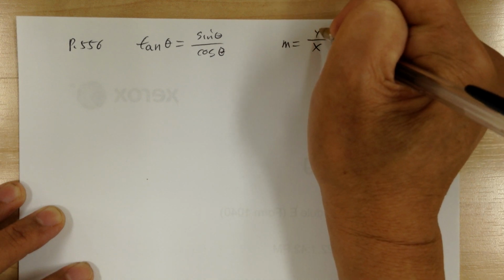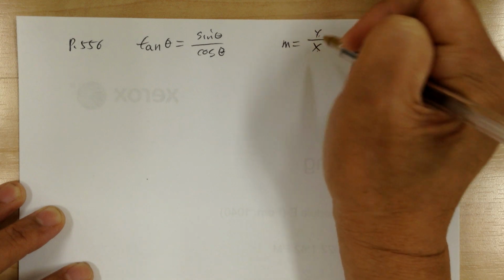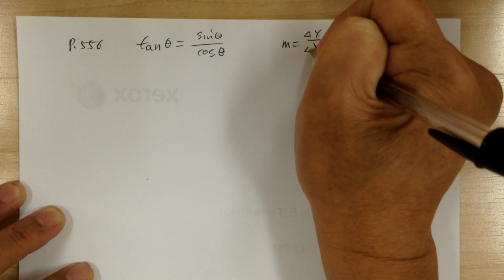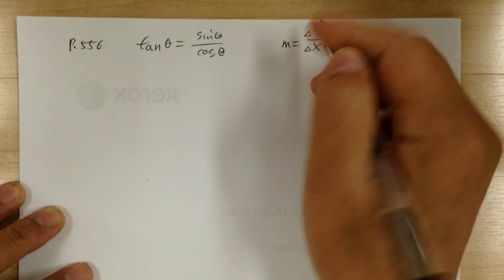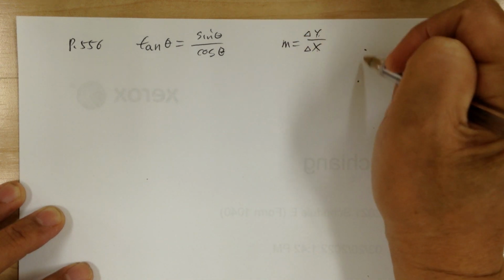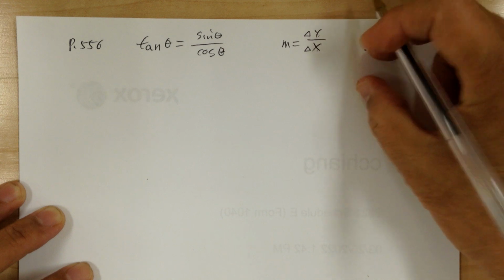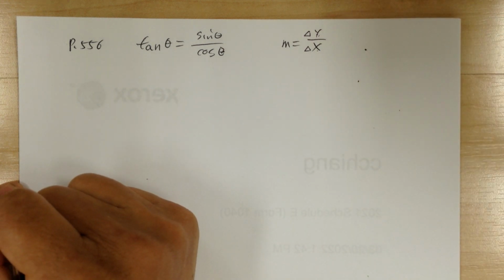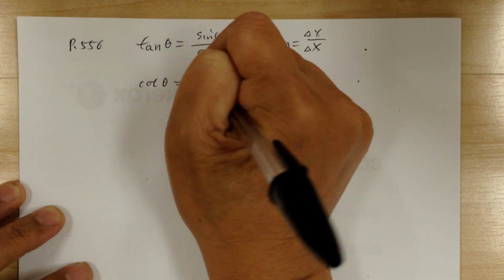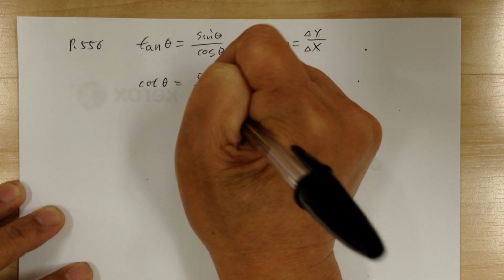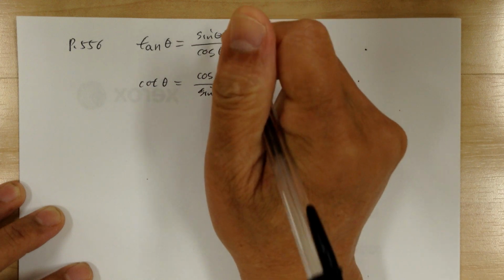Delta means the difference between the 2 points, that's the height, the y over the x. And the cotangent theta, just flip upside down, so you got cosine over sine.